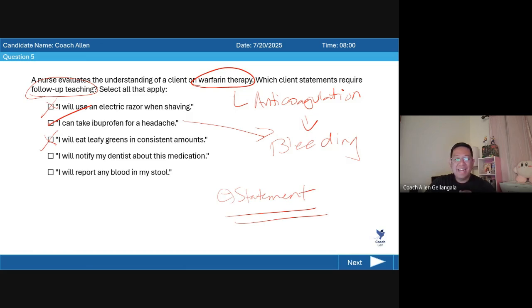That is an incorrect choice, okay? Because that is an indication of understanding. I will notify my dentist for this medication. Warfarin is a long-term medication for some, okay?